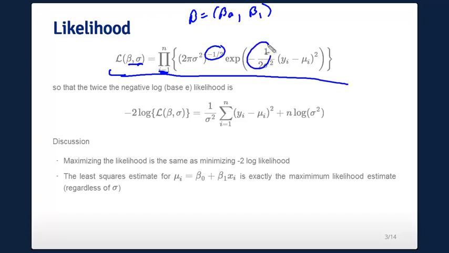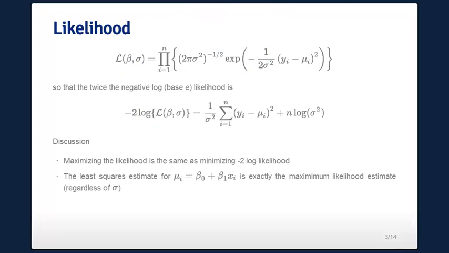It's always good to take minus twice the log likelihood. Maximizing the likelihood is then equivalent to minimizing minus twice the log likelihood. Looking at minus twice the log likelihood, it turns out to be that expression right there.